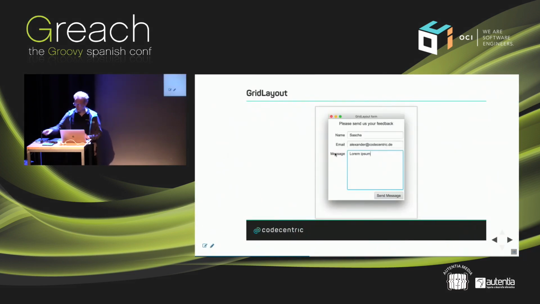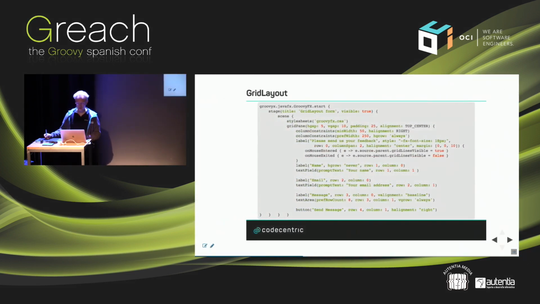You can do this here in the label. I add events to the label, and all the events start with on, in this case on mouse entered and mouse exit. Then I say, if this event happens, please set the grid line visible true and then false.